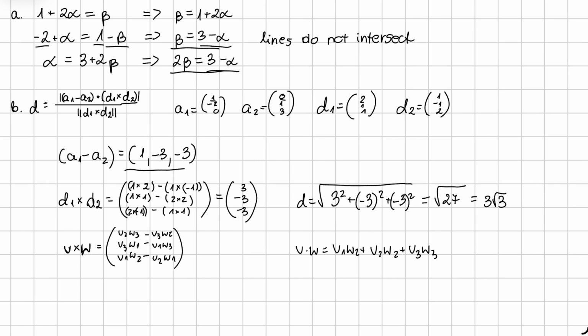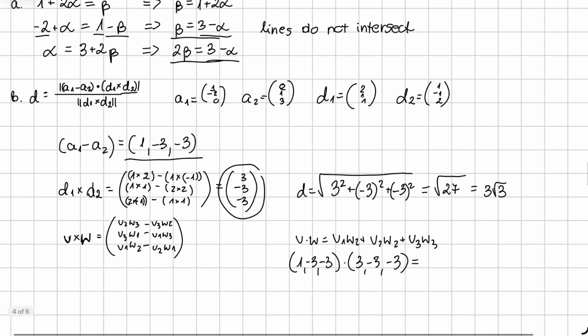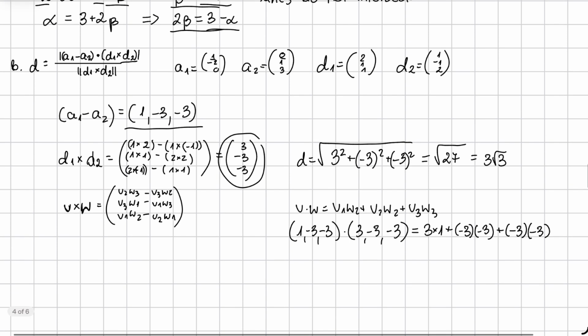So it's 1, minus 3, minus 3 dot 3, minus 3, minus 3. So it's 3 plus 9 plus 9, so 21.